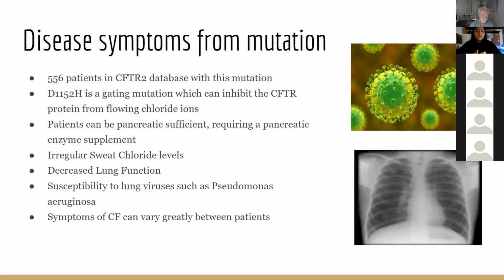Our mutation can also lead patients to having a decreased overall lung function. As the cystic fibrosis develops, a patient's lung function can deteriorate over time, especially with age. This decreased lung function can also lead to susceptibility to lung infections such as Pseudomonas aeruginosa.